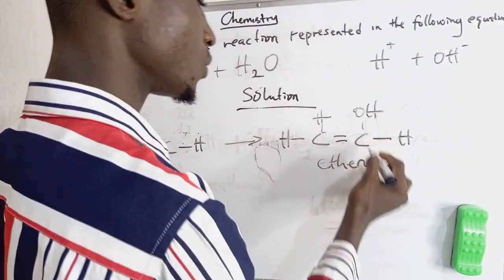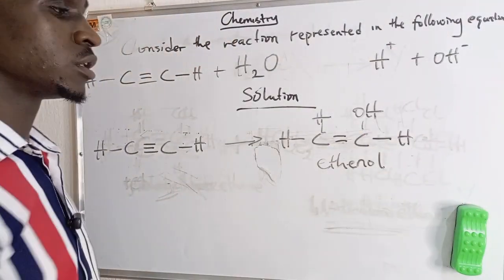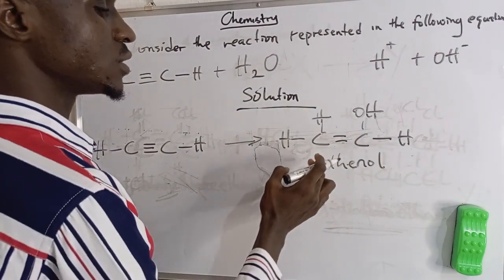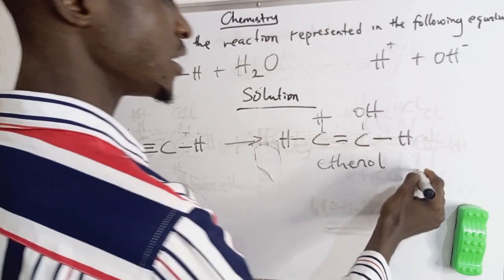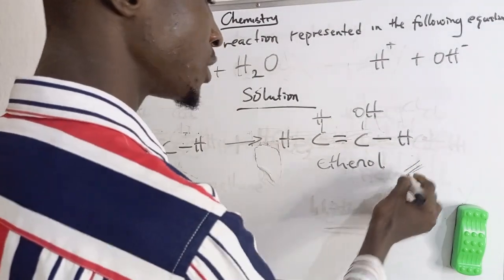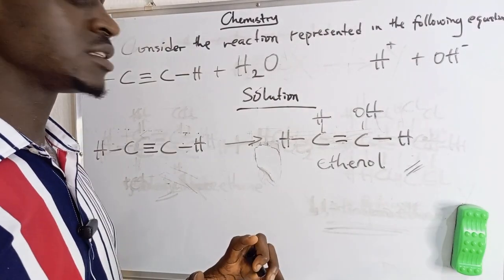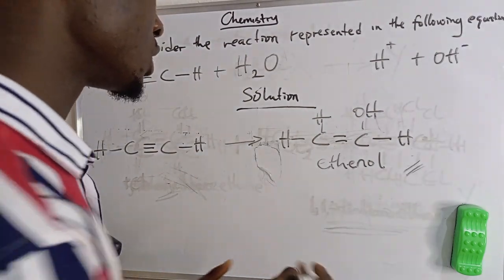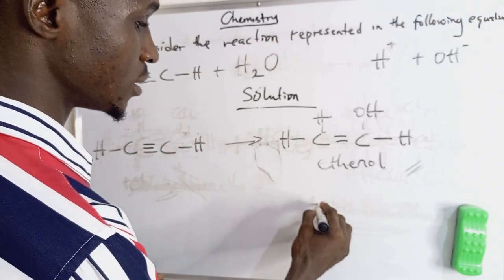All is the functional group that this compound owns, making it the alkenol homologous series. So this is ethenol. This is the final product formed, but then I told you that it is still unstable and it is just an isomer of another compound that we call the ethanal.